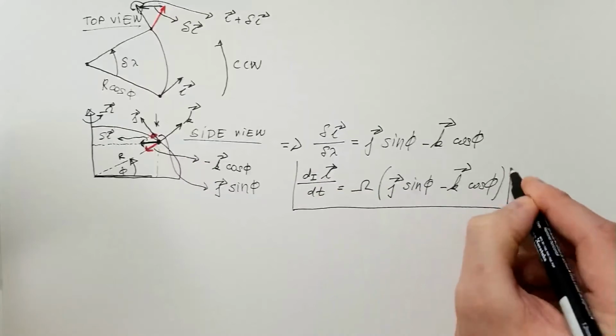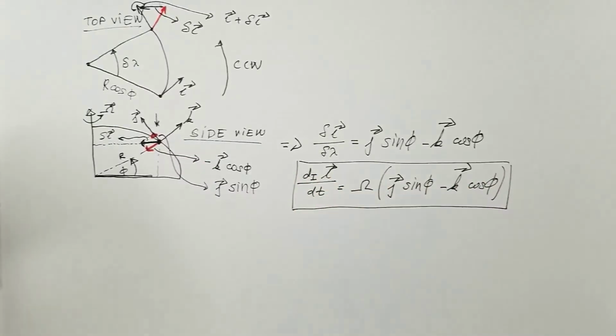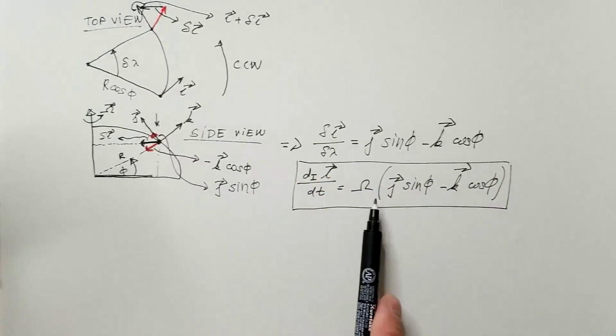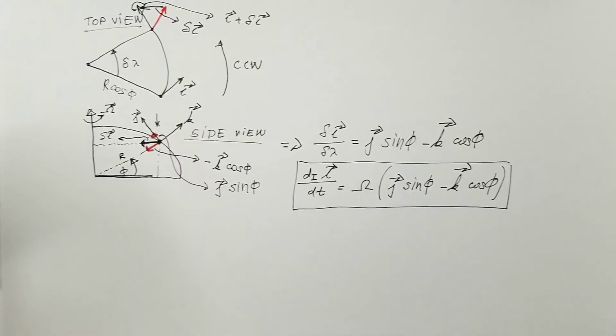Very nice result. But you can also express this in a more compact form in terms of cross product, and it's always nice to write equations in vector form because then you can print them out on your t-shirt and go to disco club to show off that you know vector calculus. What I mean by that is the following.